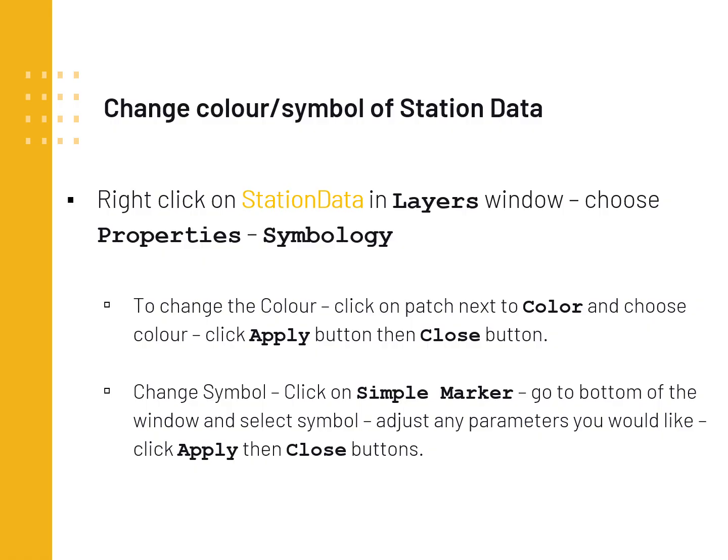To change the color, click on the patch next to the color, select the color you would like, click the Apply button, and then close. If you'd like to change the symbol, you can click on the Simple marker, then go down to the bottom of the window and select the symbol that you'd like to see. Adjust any of the other parameters you would like, then click the Apply and Close buttons.